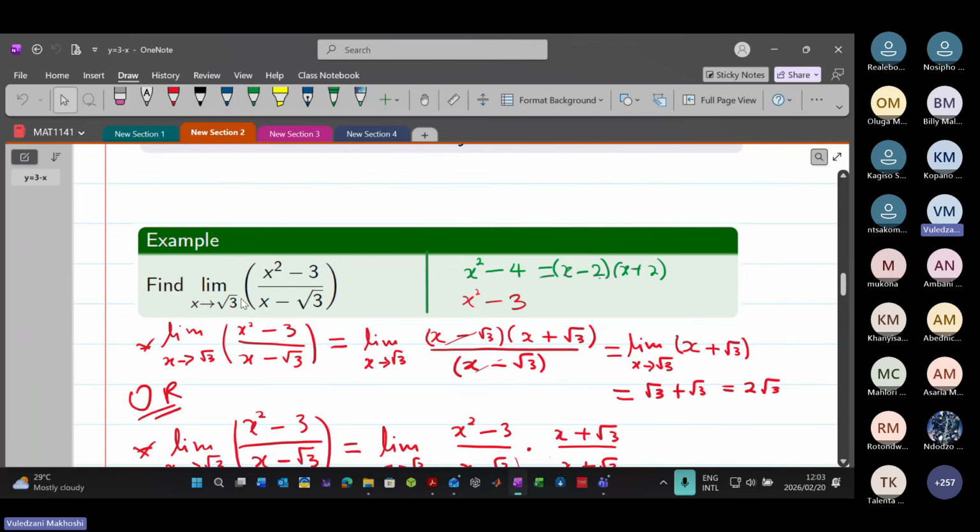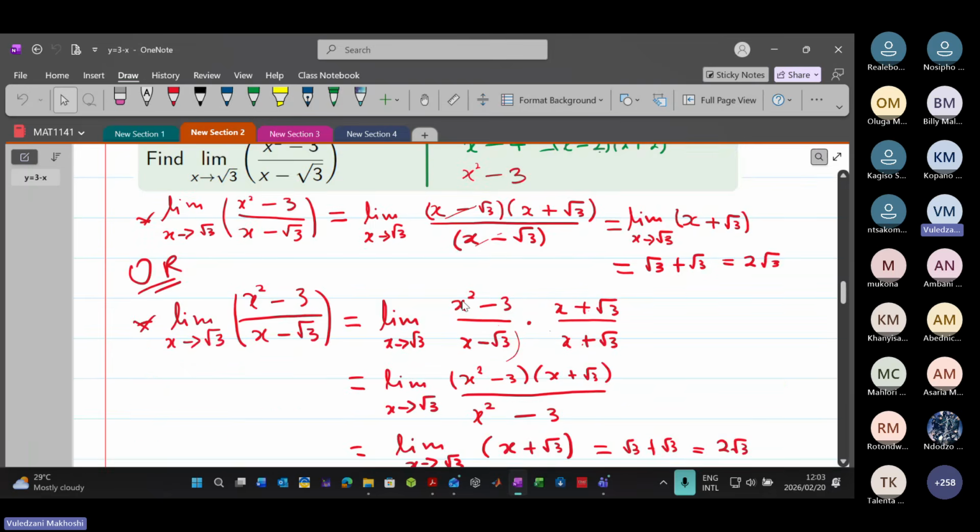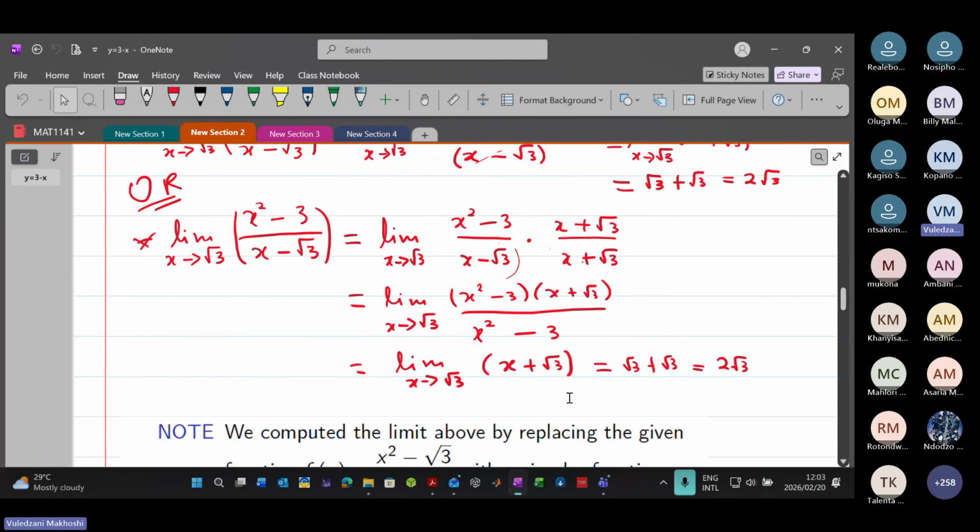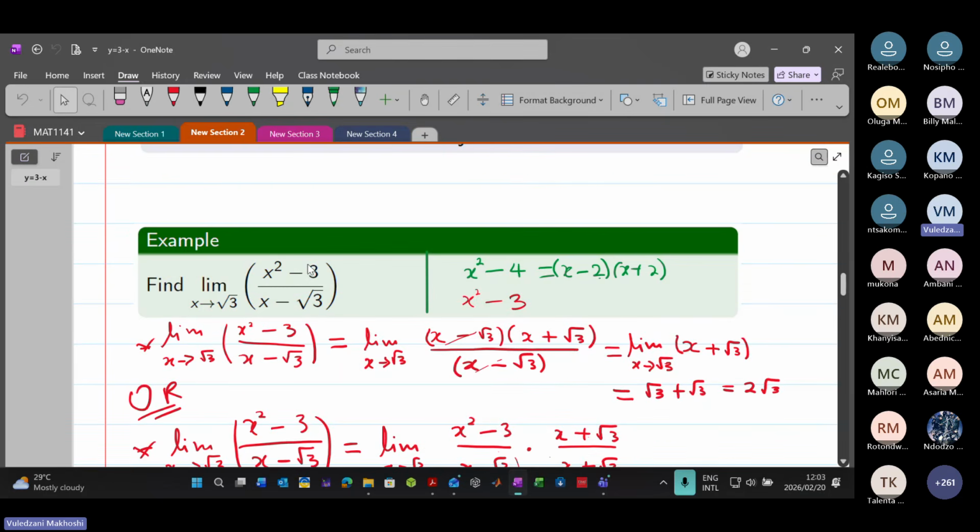For instance, in this example, we had this function, then we transformed it into this function whose limit when x is approaching square root of 3 was found to be equal to the limit of the original function.